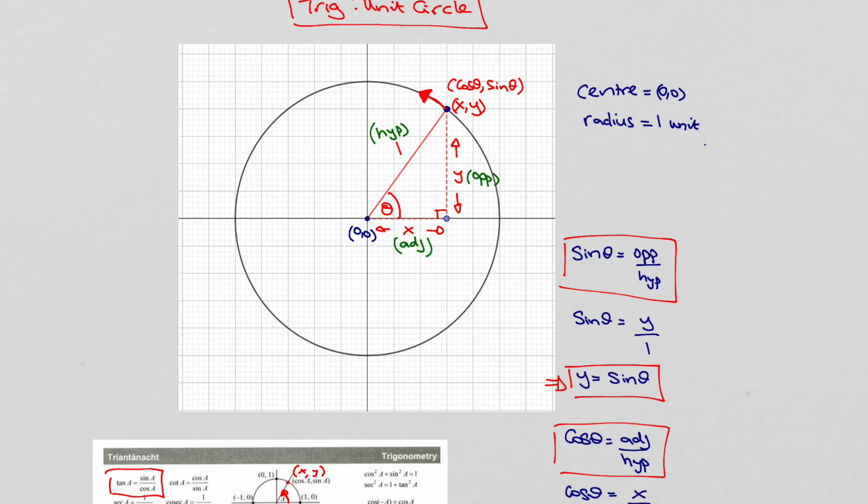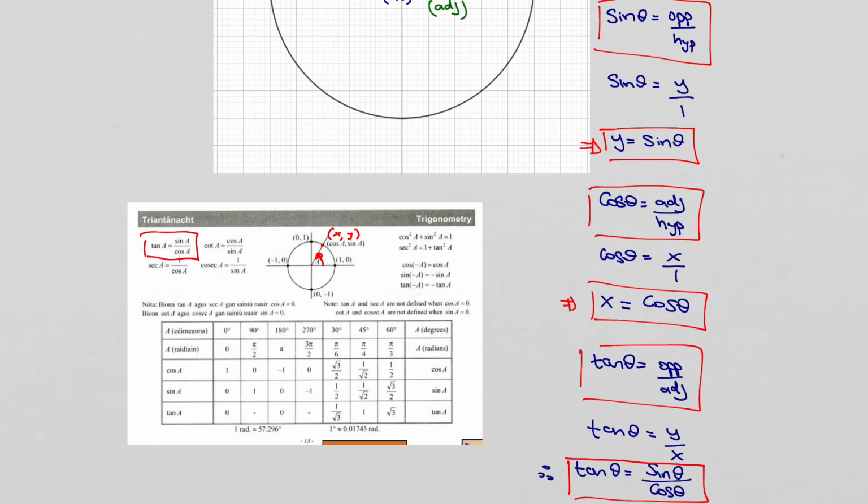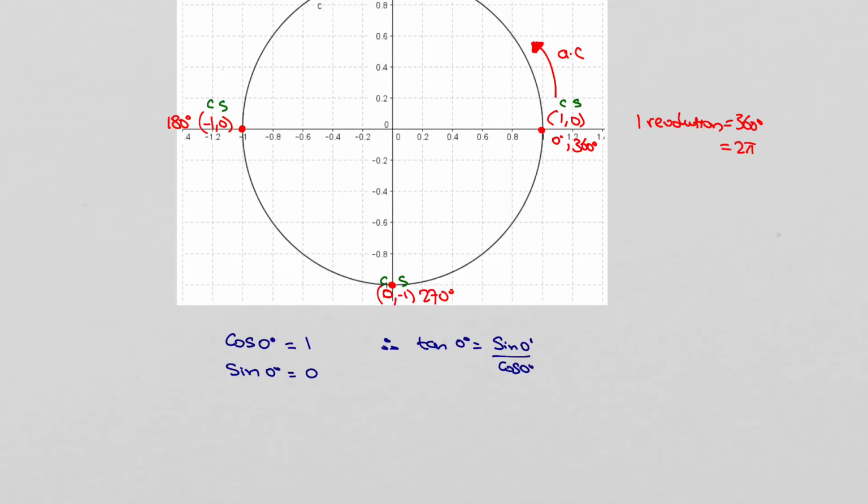As again, if we go back, we established that tan was sine divided by cos. And therefore we can say that tan 0 must be sine 0, which is 0, divided by 1. In other words, tan of 0 degrees is 0.